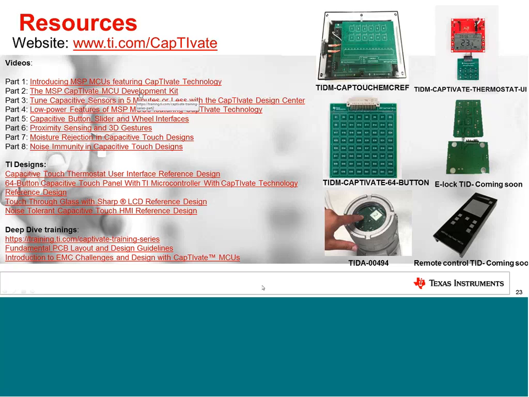You can learn about the CapTIvate Development Kit, how to tune your sensors with CapTIvate Design Center, how to enable low power features, how to implement button, slider and wheel interfaces with CapTIvate, 3D gestures and proximity sensing, moisture rejection. We have videos for all these various things. We have TI designs that go into more detail, providing you Gerber files and whole collateral for building all these different TI designs that you see here.